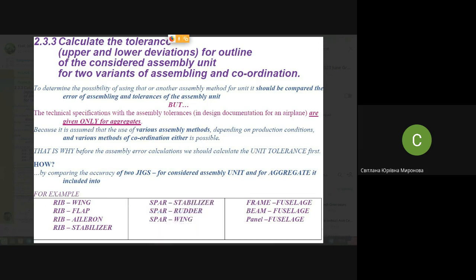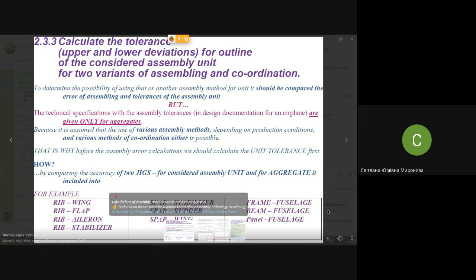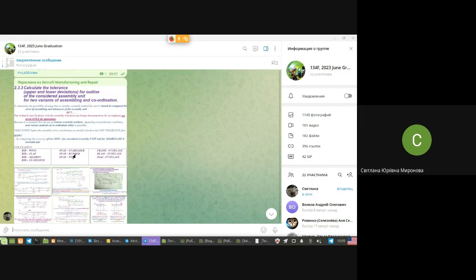You see it here. What is the top level for the spar, depending on which aggregate you have? John, remind me please, what aggregate do you have? Aileron, rudder, what is it? Rudder. Great, rudder. The same goes for frames, beams, panels, whatsoever. Angelic, for instance, has a beam of the fuselage, as far as I remember.